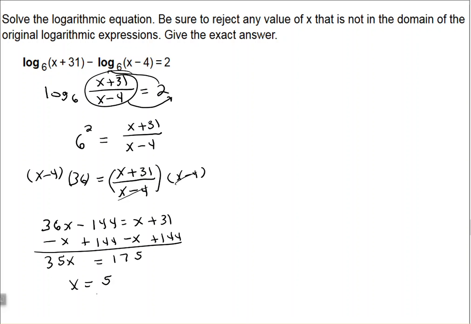Before you put that in as your solution, you need to make sure that it is in your domain. So going back to my original problem, I need to look at my domain for each one of the logarithms and make sure that that 5 falls in the intersection of those domains.